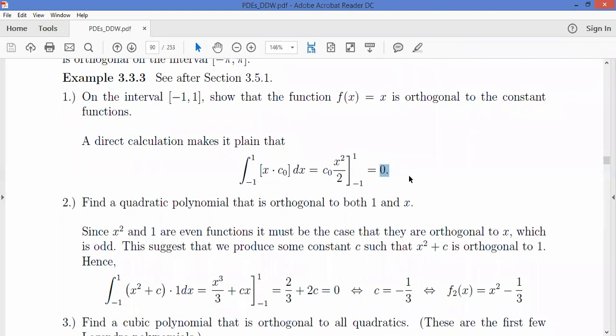That is basically what we are doing here. So in this case, if you integrate and it is 0, once you substitute for x from -1 to 1, you can find the value of C0, and that C0 is the second function.